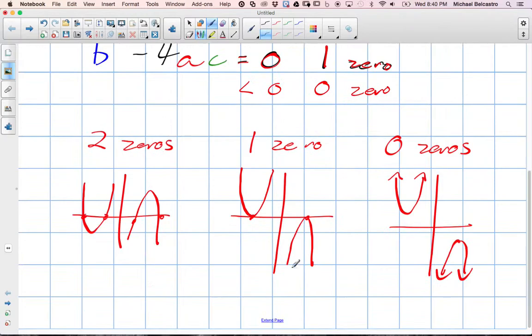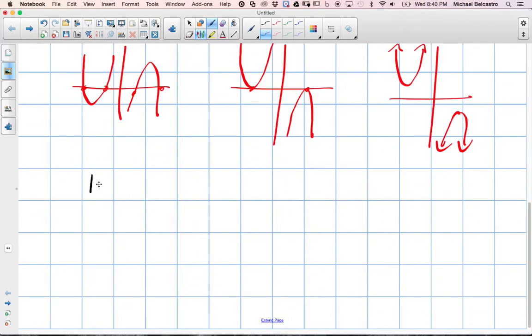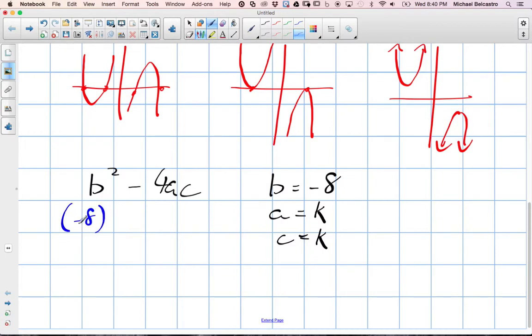I'm going to scroll down just a little here. Remember, we had b squared minus 4ac. We knew that b was equal to -8 from above, a equaled k, and c equaled k. So we have -8 squared, and remember, this needs to be less than 0. That's really important to us.